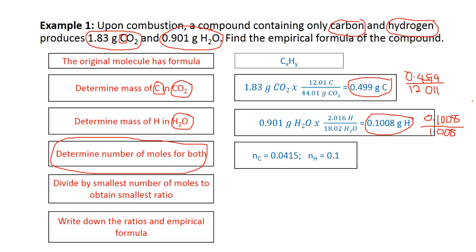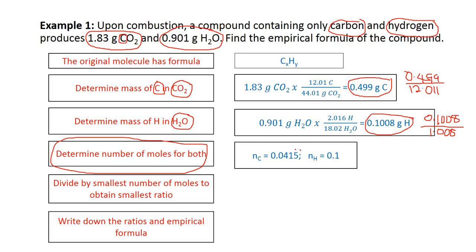After obtaining the number of moles, we see that we have 0.0415 of carbon and 0.1 moles of hydrogen. Now, the next step is to divide by the smallest number of moles to obtain the smallest ratio.